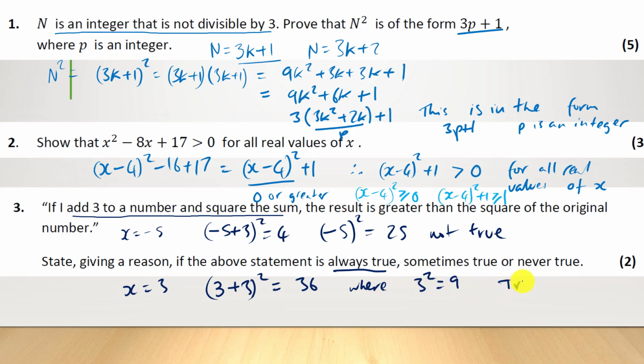So this is true in this case. So we know it's not always true, but sometimes true. Hence, sometimes true. By doing those two examples, we've disproved that it's always true or never true.